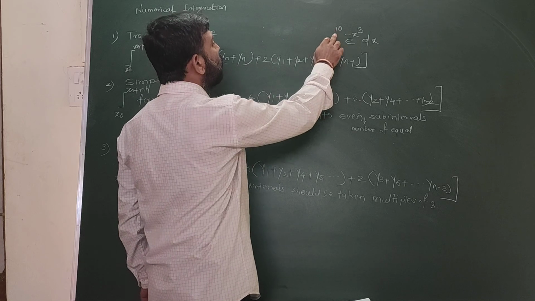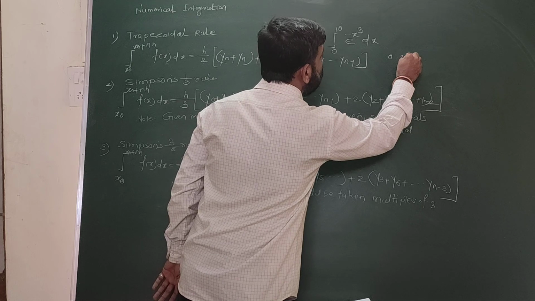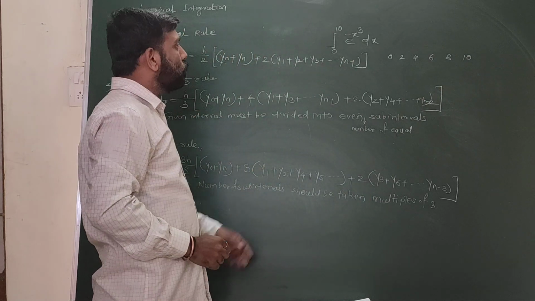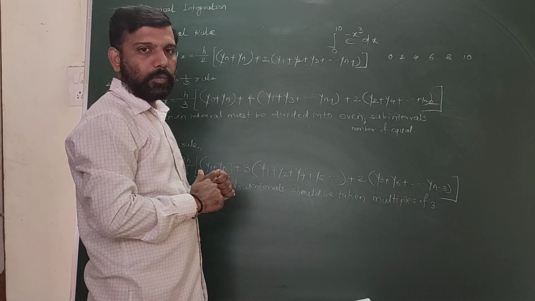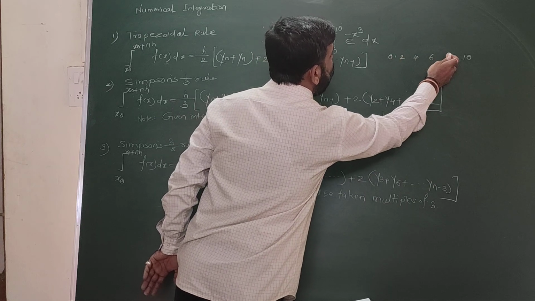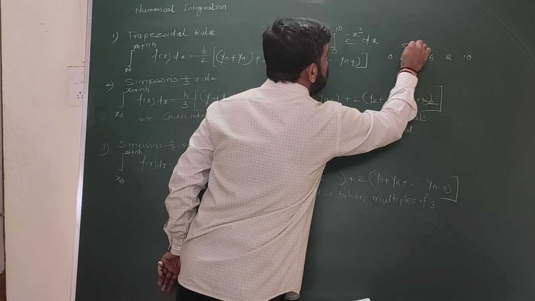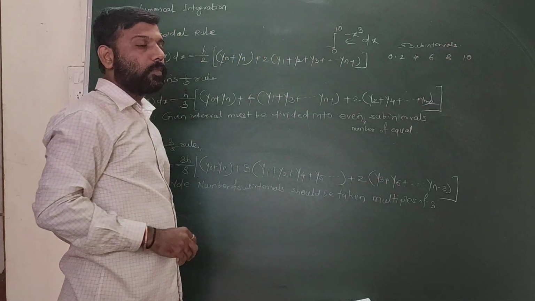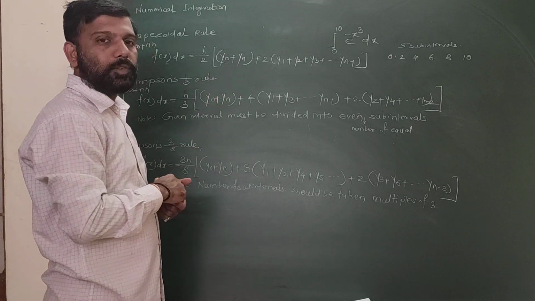Now dividing the given interval into subintervals, it means 0, 2, 4, 6, 8 and 10. This interval we have divided into equal parts. There may be an even number of intervals or an odd number of intervals. 1, 2, 3, 4, 5. So we have divided the given limits into 5 subintervals.